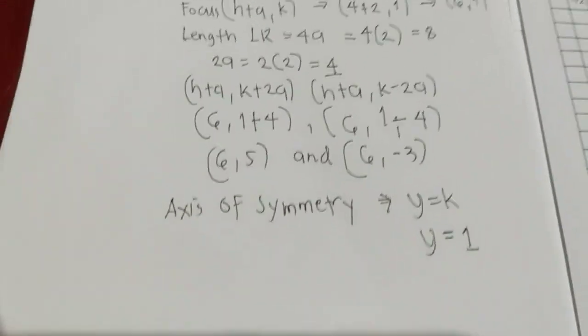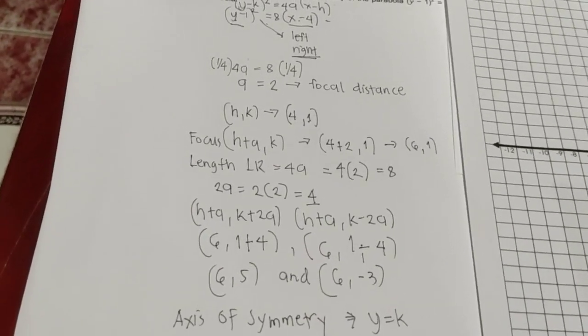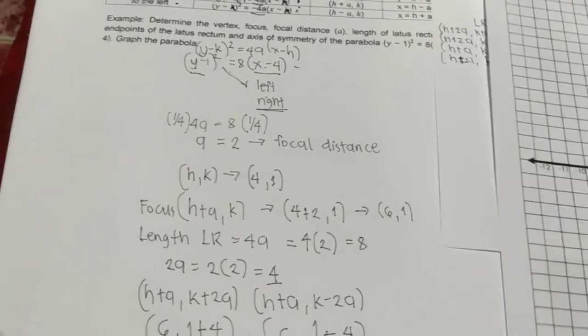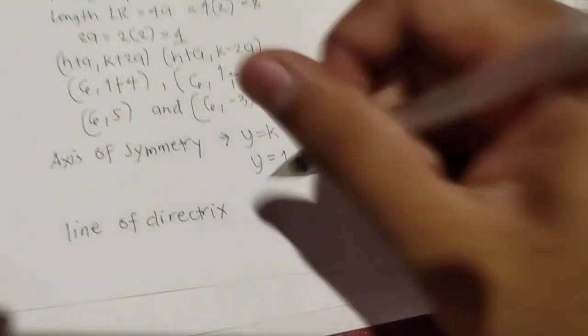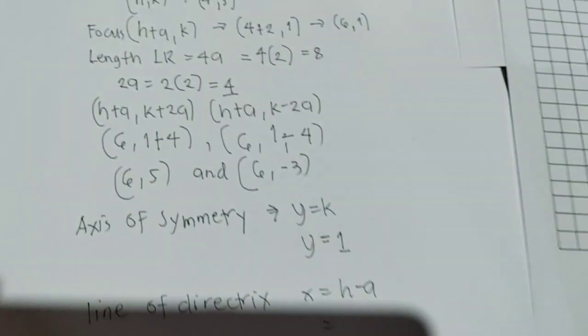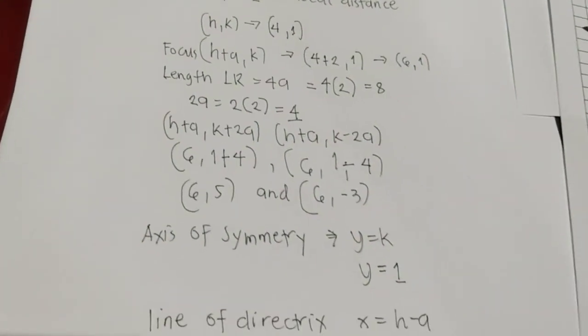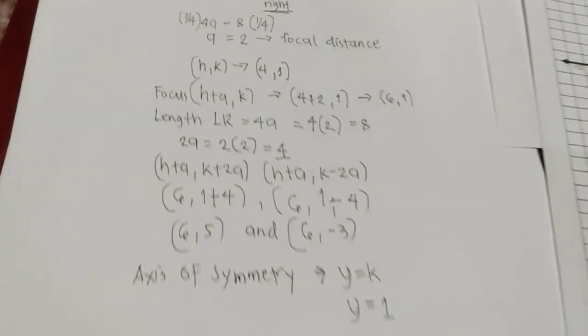Then we have the line of directrix. The line of directrix of a parabola that opens to the right is x equals h minus a. Our h is 4 and our a is 2.